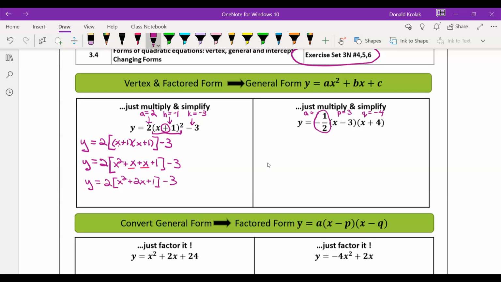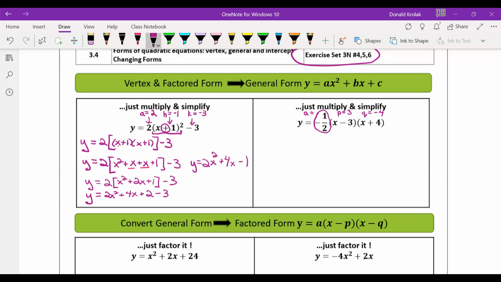Okay, now distribute the 2 through these 3 terms, and the 2 doesn't affect the 3. And then I end up with y equals 2x squared plus 4x.